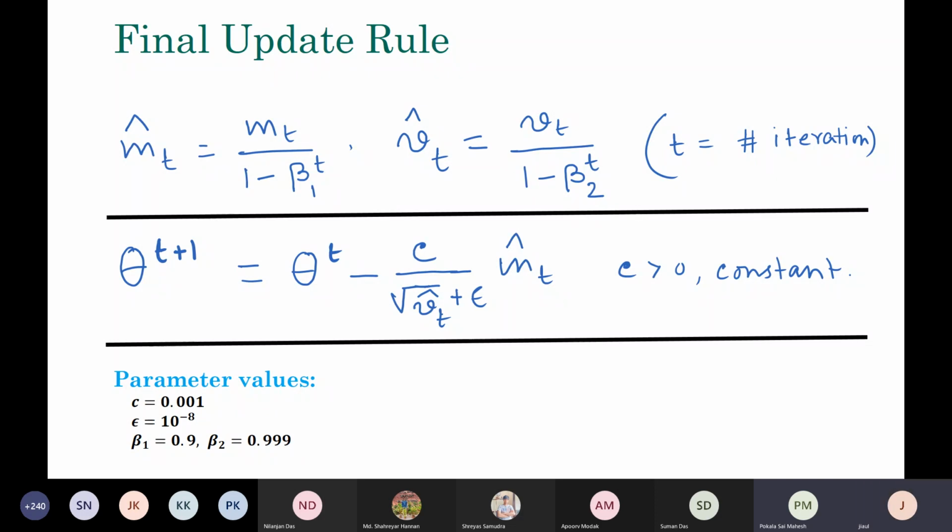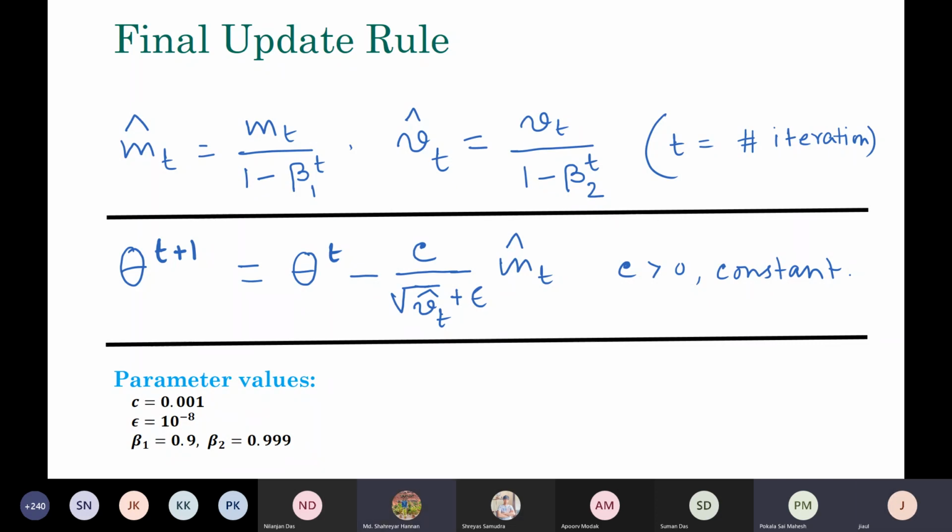So the update rule now takes into consideration both the weighted average of the means and of the squared gradients, which is VT cap. And this is how we are going to address this. Now, the C here is again something like a learning rate. I just use C because the paper that introduced Adam used a C parameter.